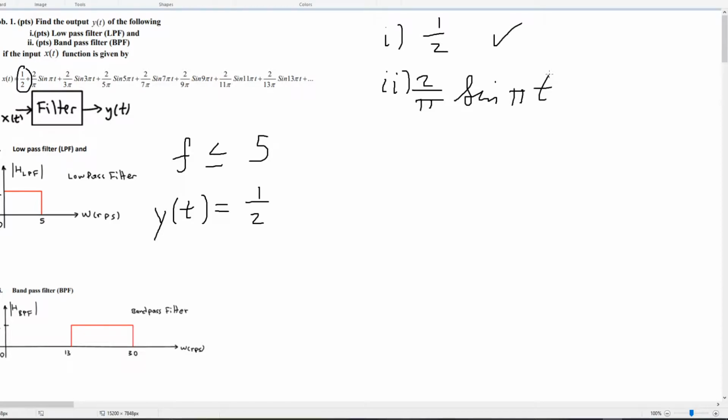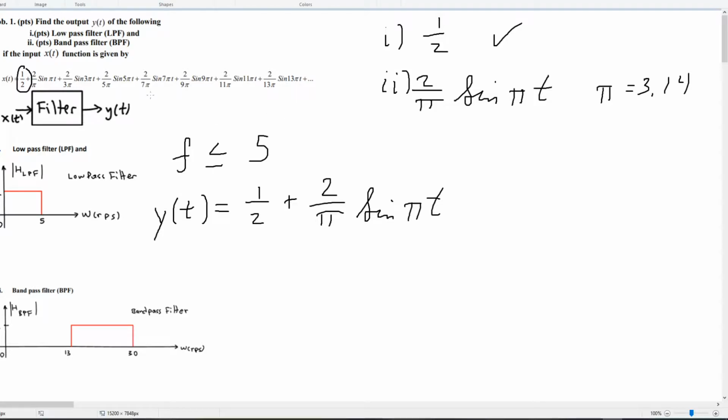Really, the only thing you have to look at is pi over here. If you type in pi on your calculator, or you probably already know this, pi is 3.14. And what does that tell us? 3.14 is less than 5. So this signal will pass. So this is going to be plus 2 over pi sine pi t. All right, that's good.